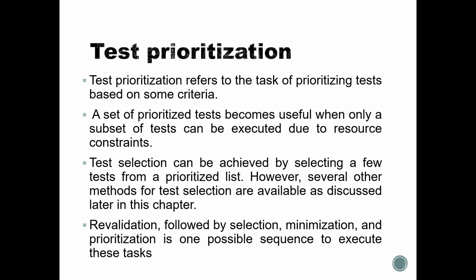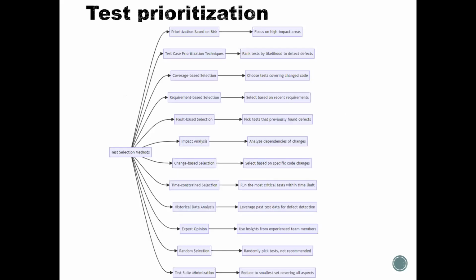However, several other methods for test selection are available, and I'm going to discuss these in the upcoming slides. And revalidation is followed by selection, minimization, and prioritization. This can be one possible sequence which you can follow during this task.